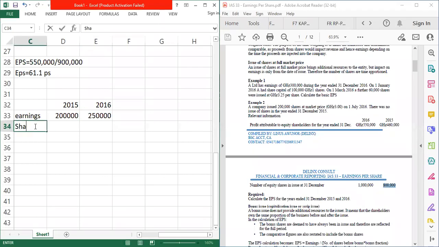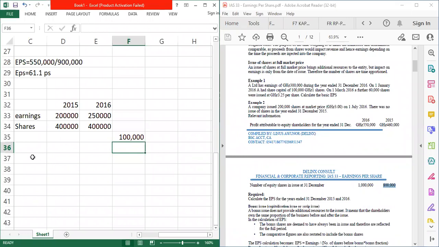Our number of shares was 400,000. So in 2016, they said that the company has made a bonus issue of 100,000. What does it mean? It means that the bonus issue has been in 2015 too, because the same retained earnings have been in 2016.